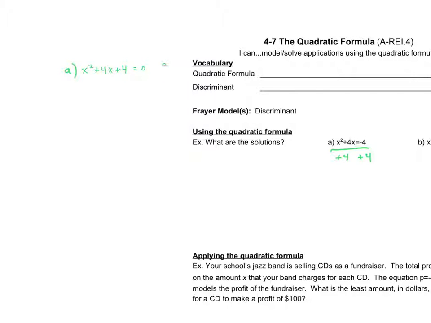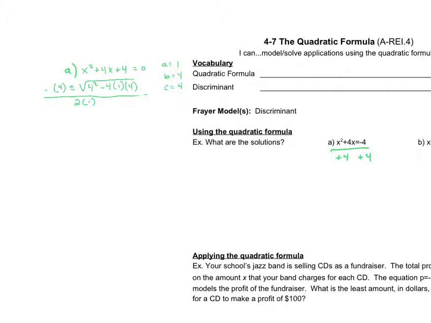Now we can look at the values: a is 1, b is 4, and c is 4. So now all we have to do is populate the quadratic formula. We replace the a, b, and c, so we end up with negative 4 plus or minus the square root of 4 squared minus 4 times 1 times 4, all over 2 times 1.